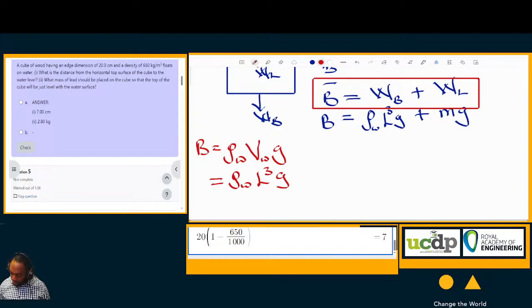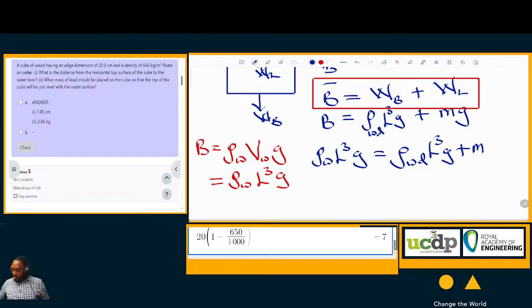So we'll now have a scenario. This is the volume of water. So this should be WD, the weight of the block. Then here you've got the density of the water times L cubed times G equals the density of the wood times L cubed times G plus M, right?